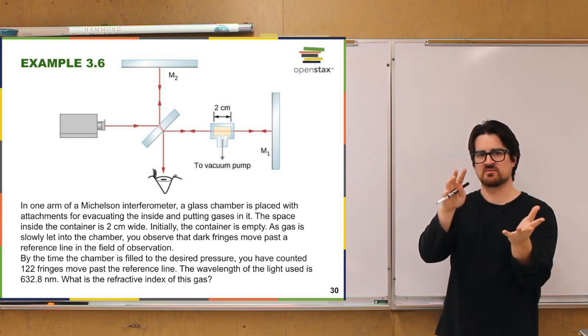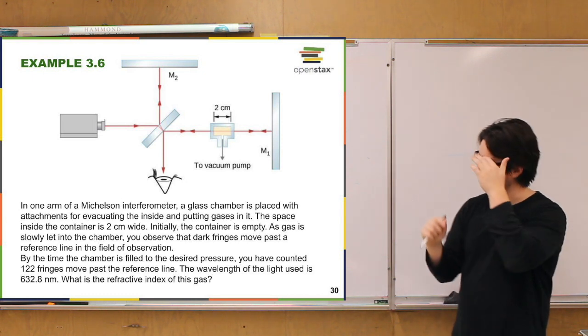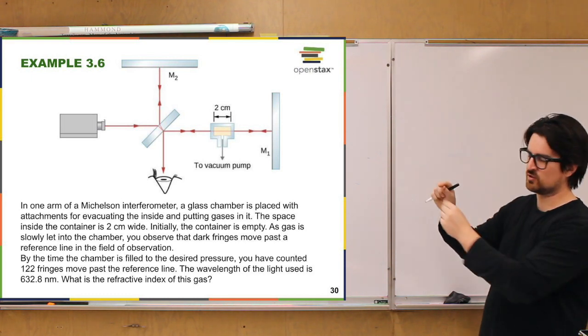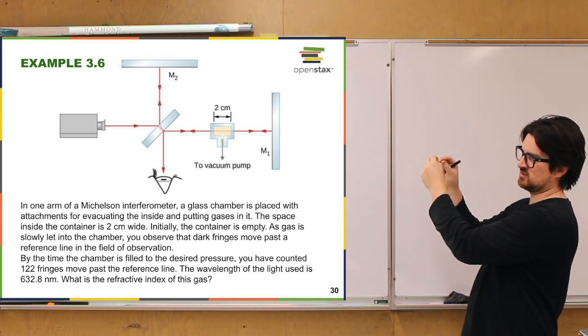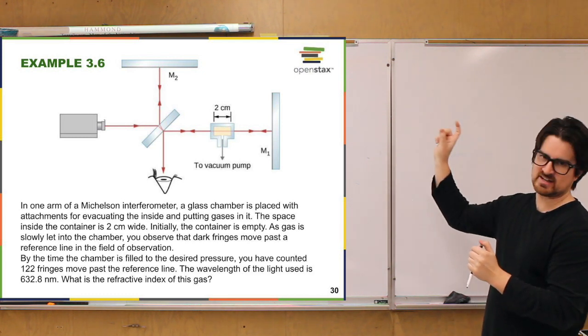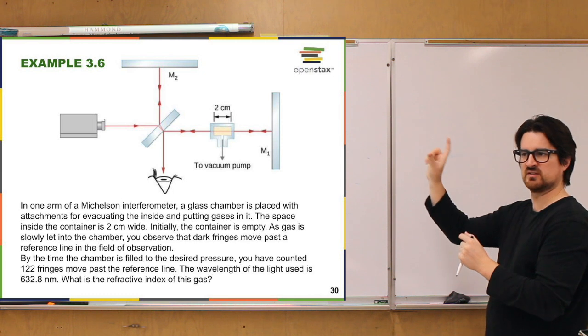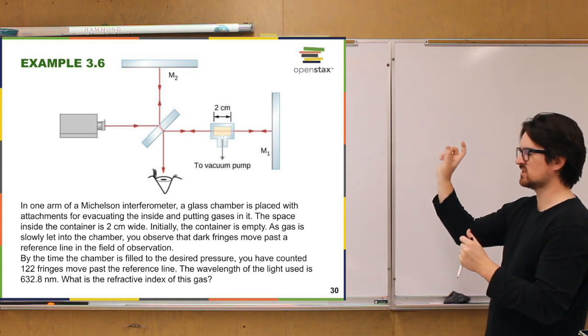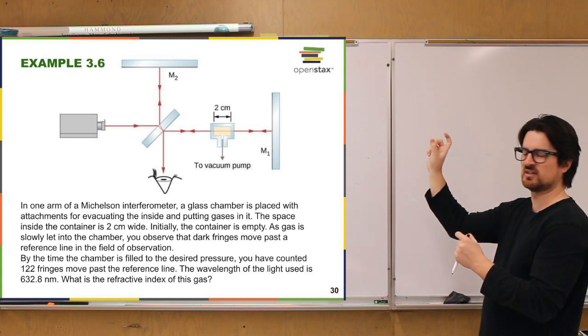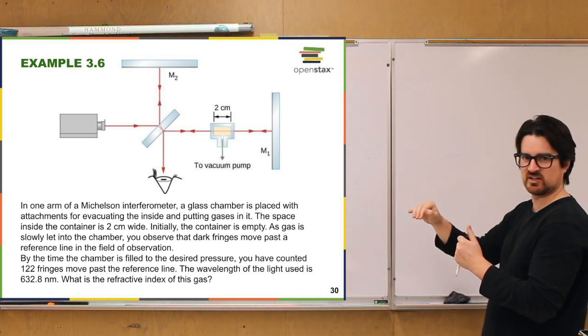Well, we'll still get that same sort of picture that we had before, all these concentric rings. But as you fill up the chamber with gas, you're in effect adding more wavelengths. So in the gas, the light slows down a little bit, the wavelength shrinks just a tiny bit. So we actually fit slightly more wavelengths in that 2 centimeter width than it would have been without the gas.